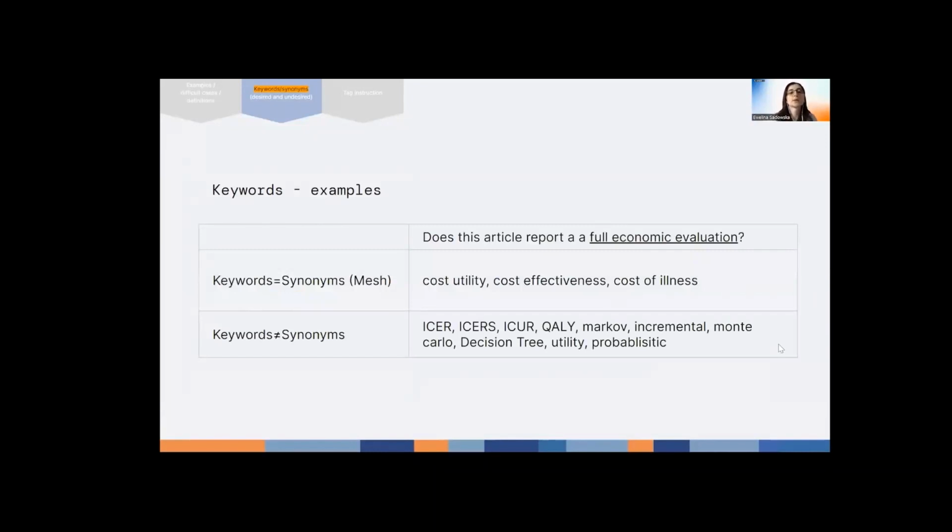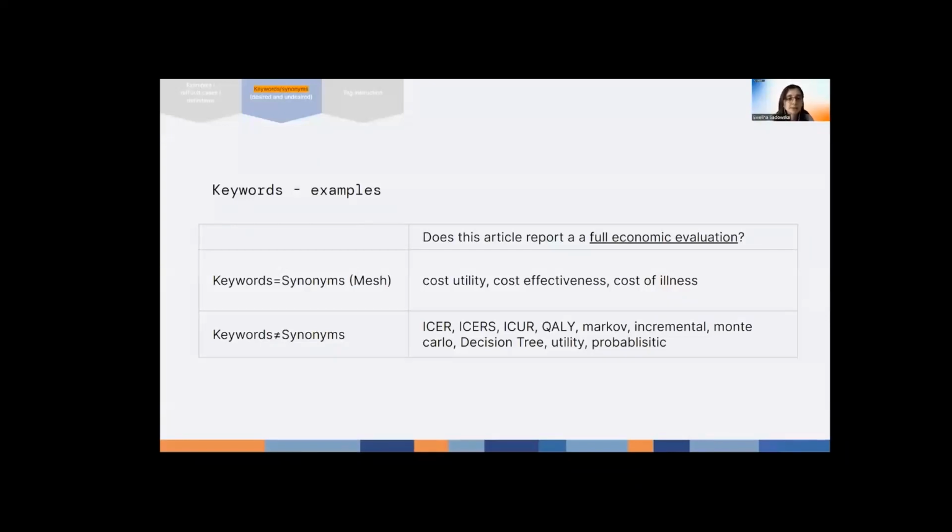It's important to realize that keywords are not always the same as synonyms. Synonyms means just exactly the same as the terms that we look for, whereas keywords are words that indicate important phrases related to our topic, but not necessarily the same with the same meaning.